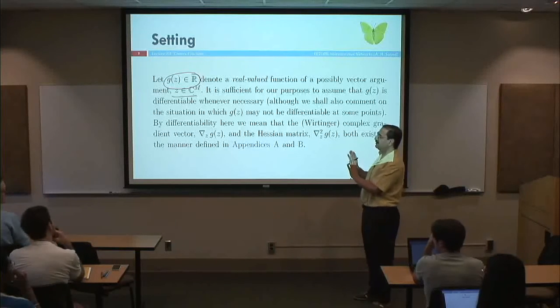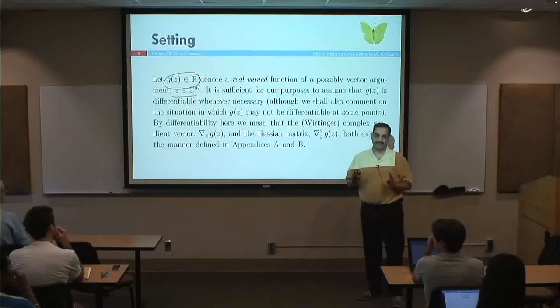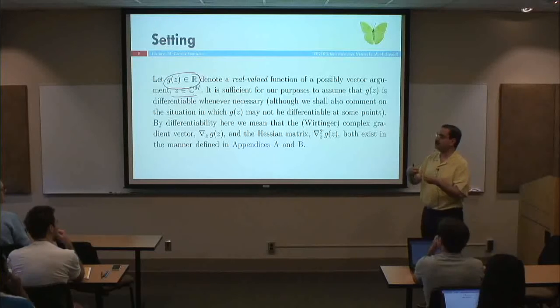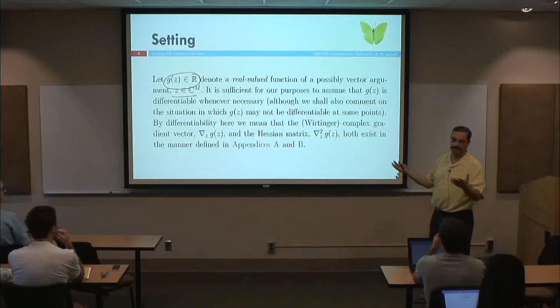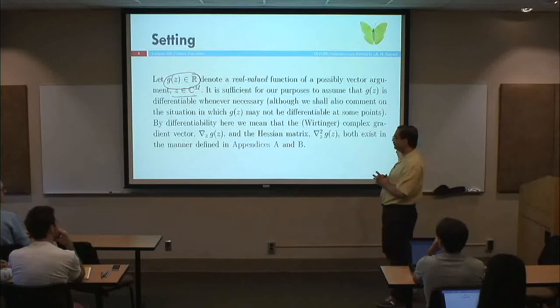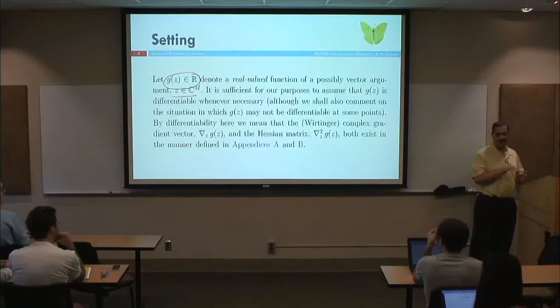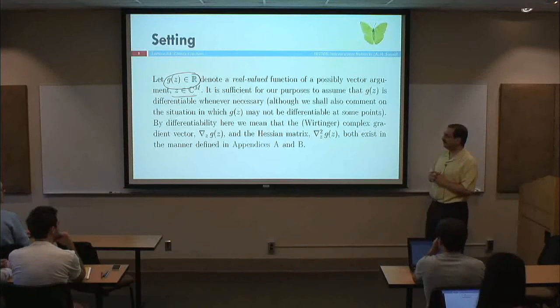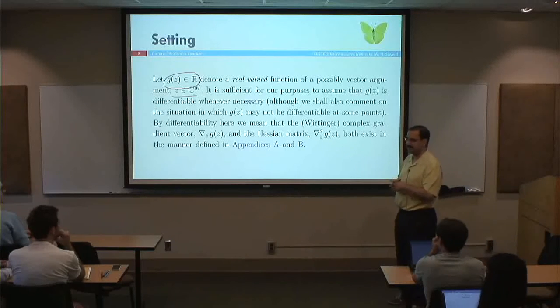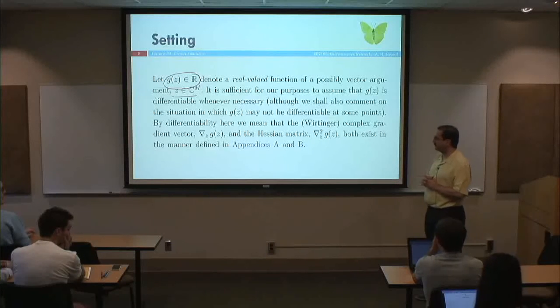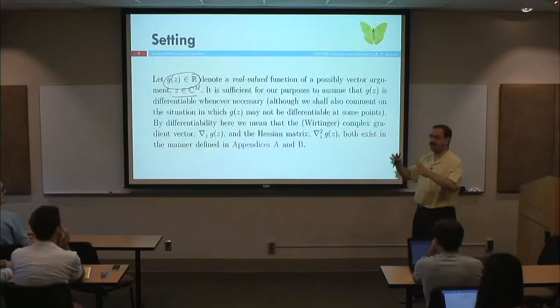Let's first consider the case of real arguments and define convexity for functions of real arguments. That's what's most commonly done in the literature. Now, in my presentation here, each time I need a derivative, a first order gradient or a second order Hessian matrix, I'm assuming that they exist.